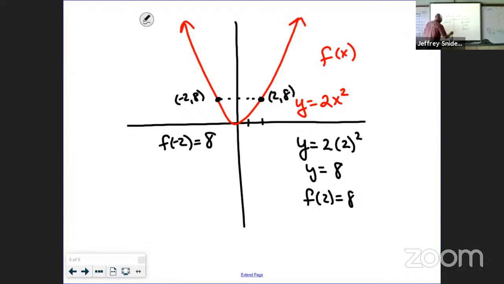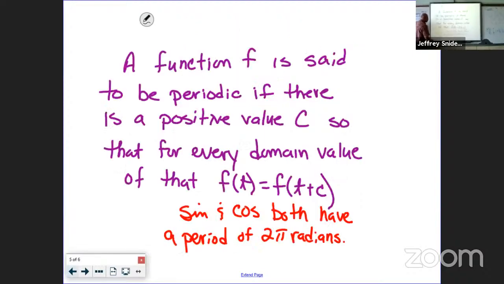In other words, f of x is equal to f of negative x. When that is true for all values in the domain, we call that an even function. We call that an even function, okay? So I'm going to write that down.